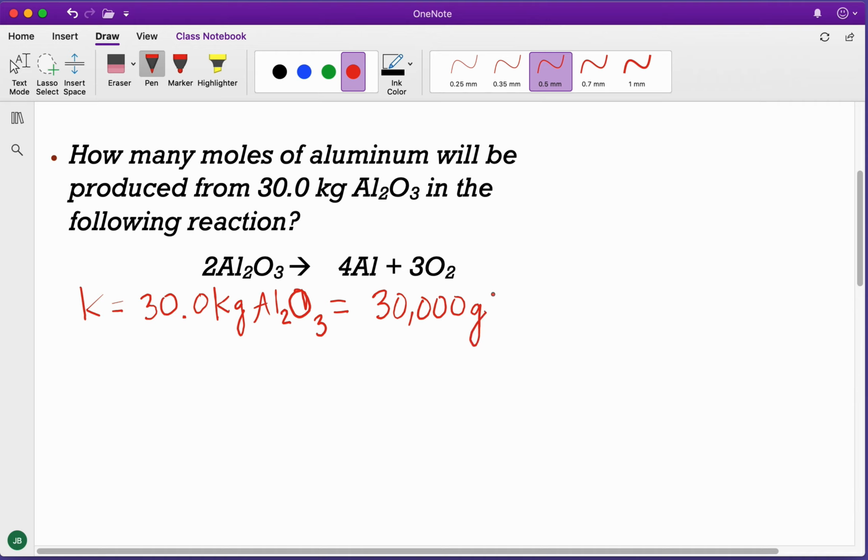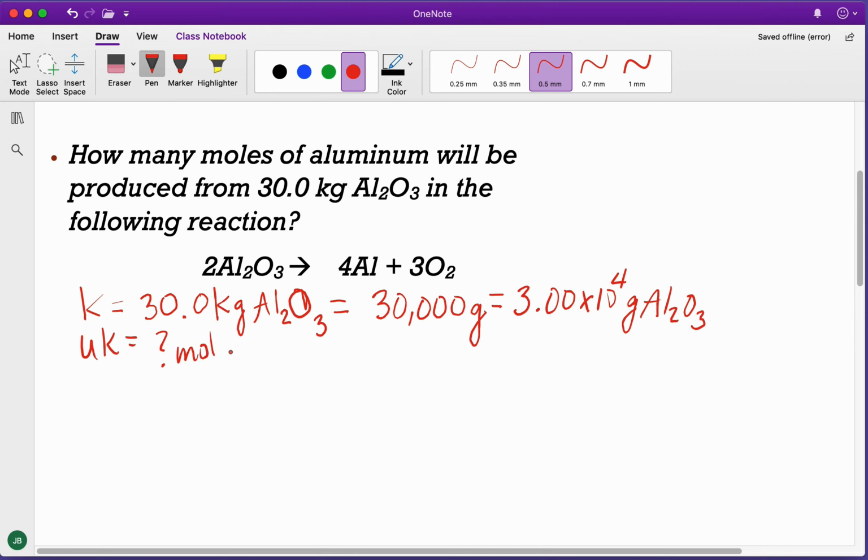Also, let's go ahead and take this number and put it into scientific notation so that we keep our number of significant figures. So this would be 3.00 times 10 to the 4th grams of aluminum oxide. And our unknown, what it is that we're trying to solve for, that is going to be our moles of aluminum.